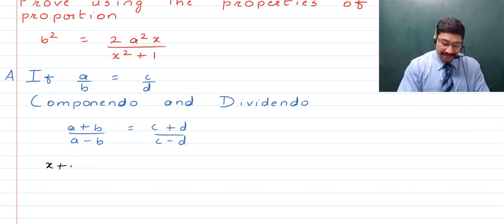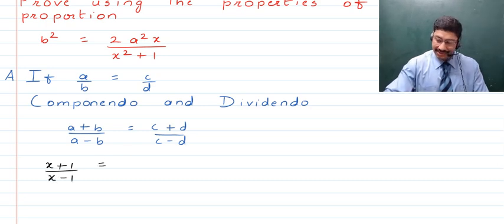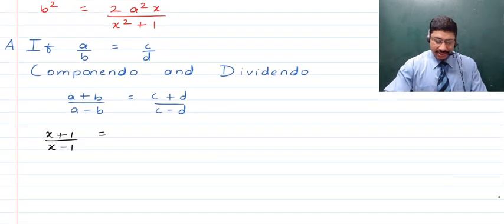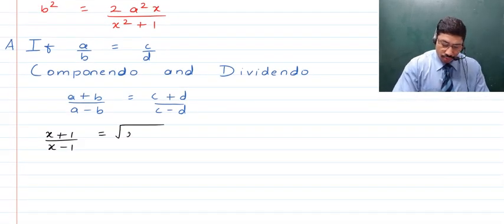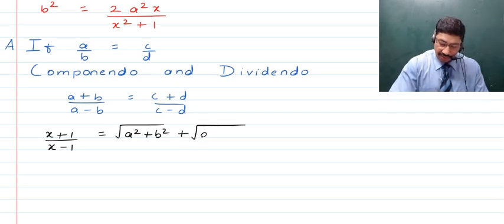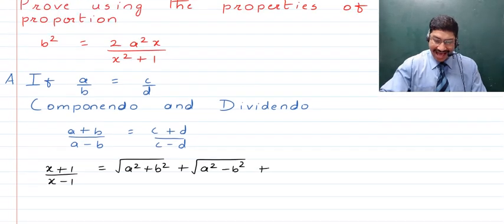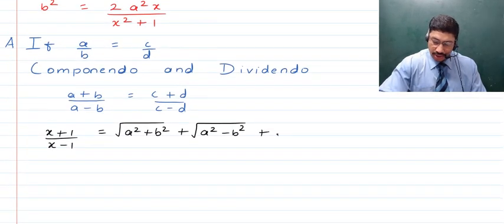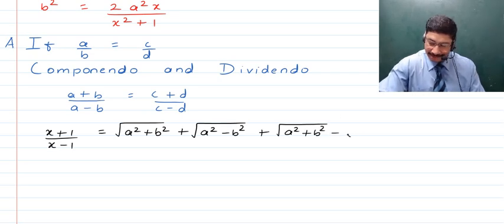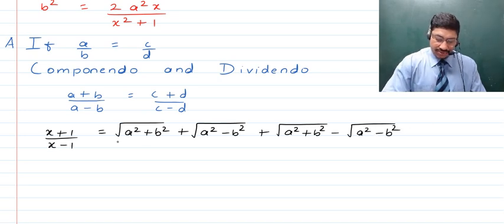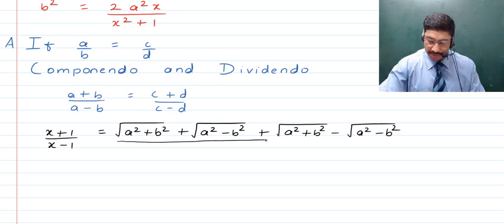As such, we can say x plus 1 divided by x minus 1, and on the right hand side here the numerator is root of a square plus b square plus root of a square minus b square, to which the denominator is to be added now, which is root of a square plus b square minus root of a square minus b square. And now, children, we will be talking about the denominator.